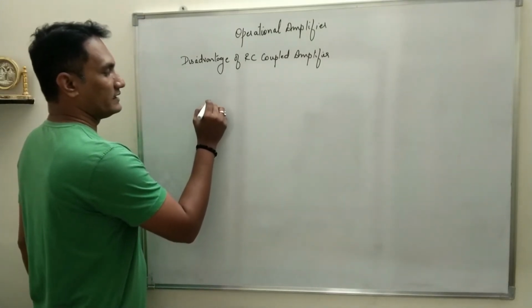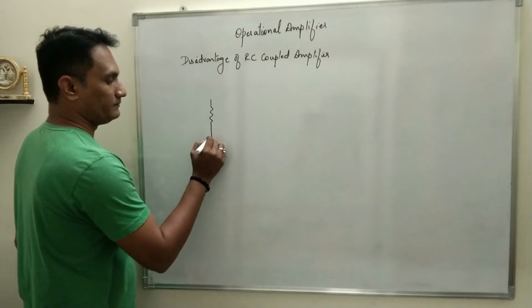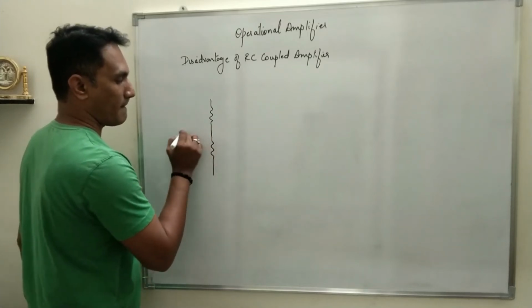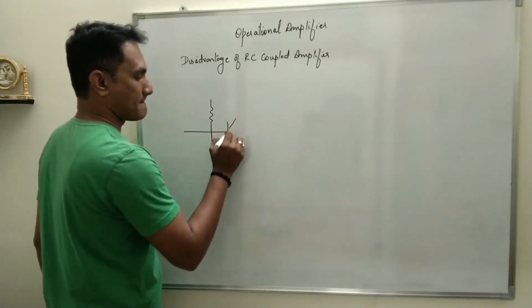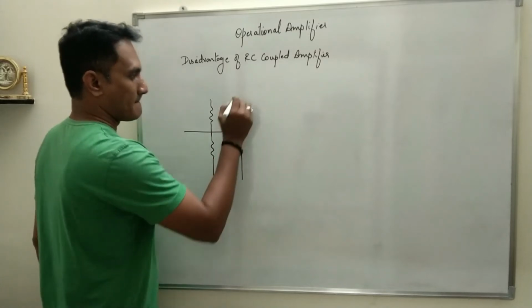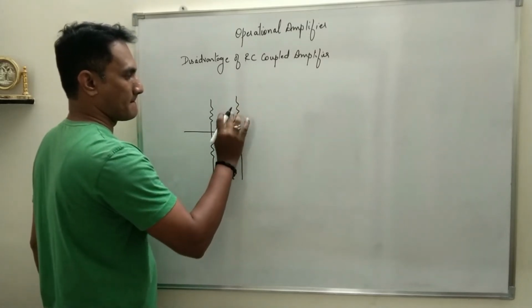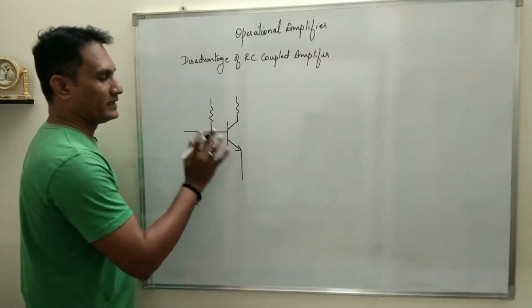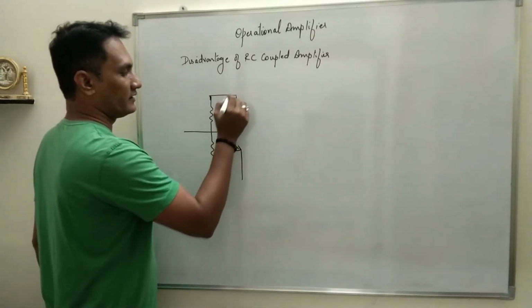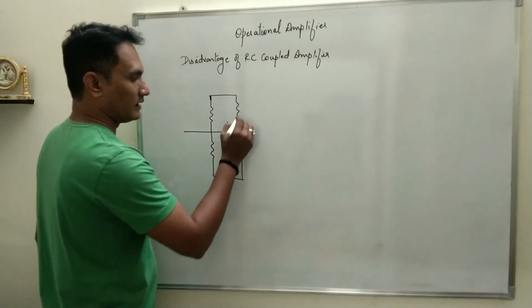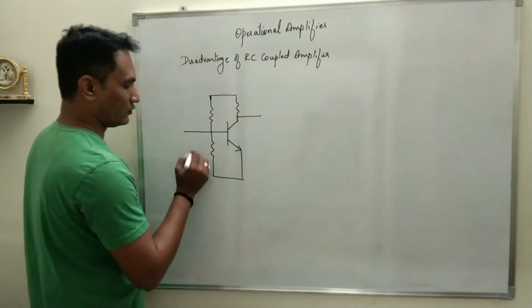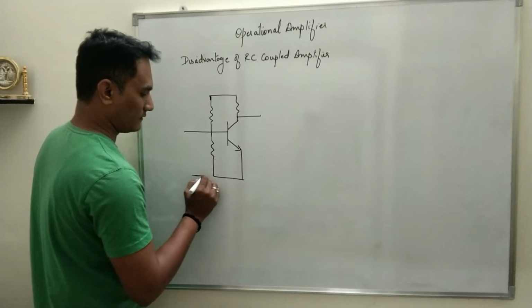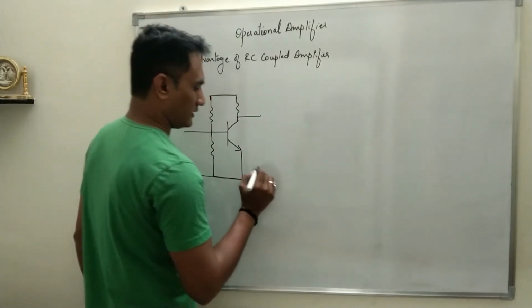First I will draw the single stage amplifier. This is one single stage amplifier. If you connect like this, this will be the output with respect to ground. So this is all grounded.